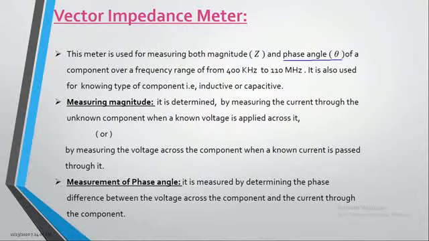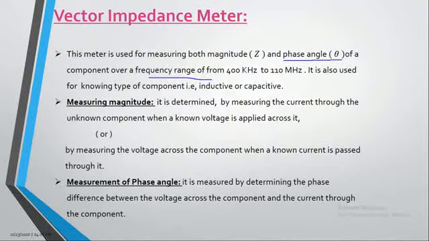The vector impedance meter is especially for whatever unknown element we are taking, and we are interested to calculate the impedance of that element, as well as the type of the element, whether it is capacitive or inductive in nature.